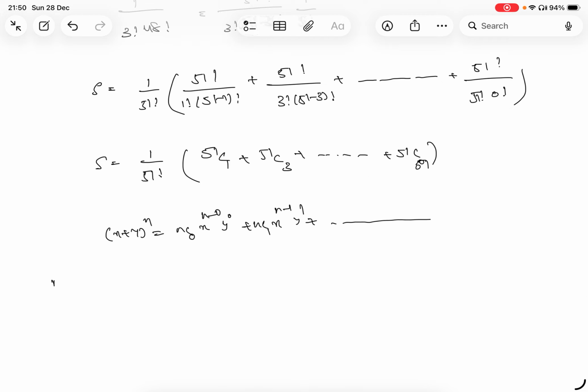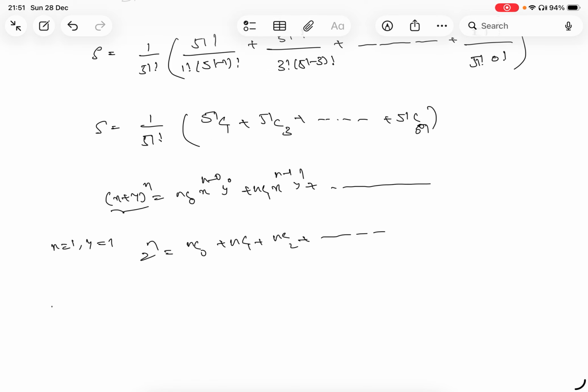Now if x equal to 1 and y equal to 1, then this becomes 1 plus 1, 2 power n, and this becomes nC0 plus nC1 plus nC2 plus and so on, since 1 power anything is 1. In the second case, x equal to 1 and y equal to minus 1, this becomes 1 minus 1, which is 0 power n, which is 0.